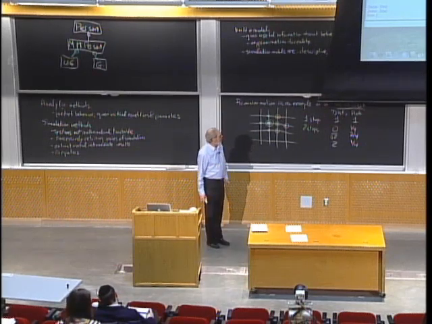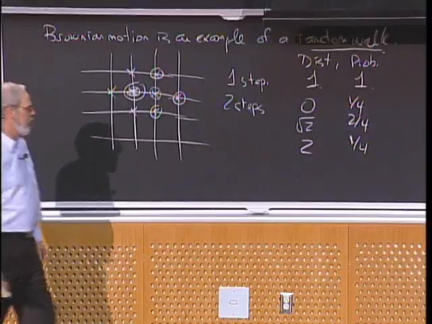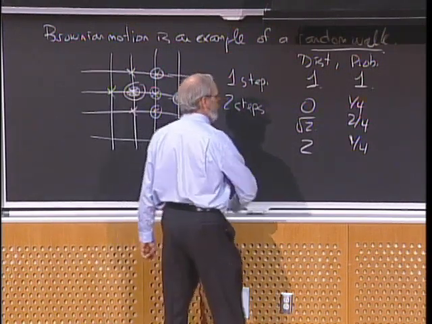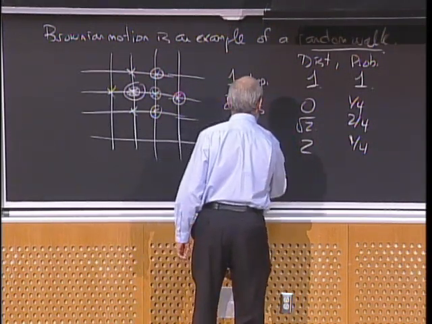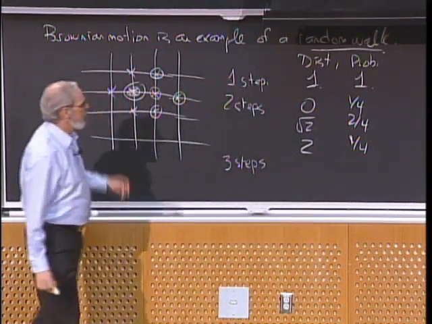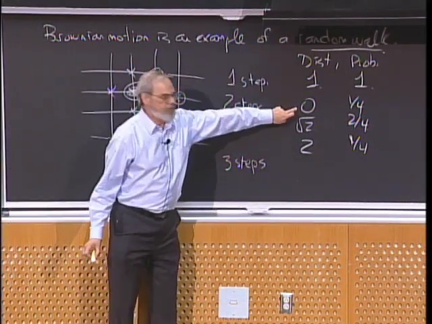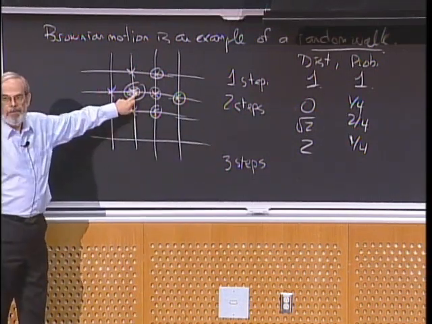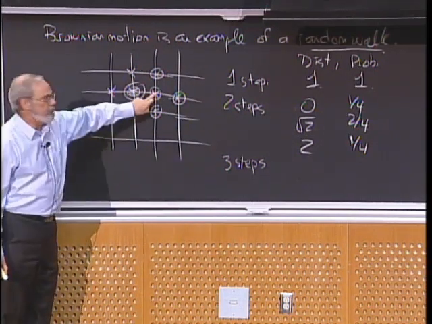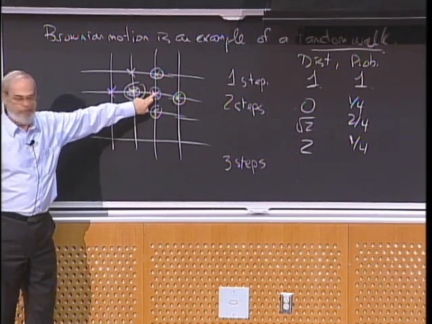Now let's do one more step. It's going to get a little messy here, but suppose I want to go 3 steps. Well, I got 3 possibilities. If I'm in this case, which is the 0 case, I'm here, in which case, no matter which step I take, I'm 1 unit away.